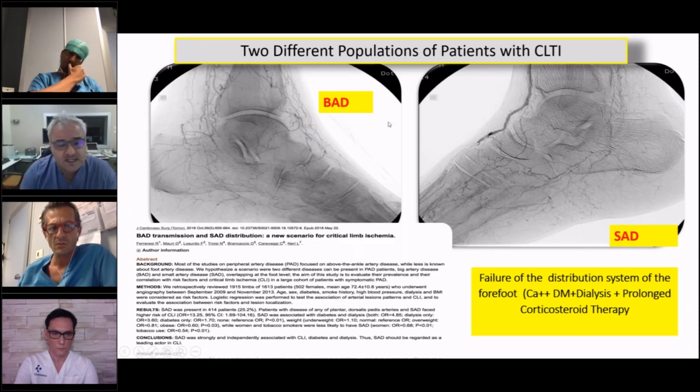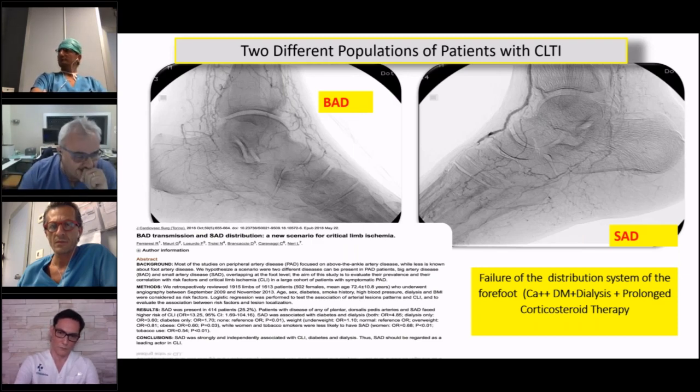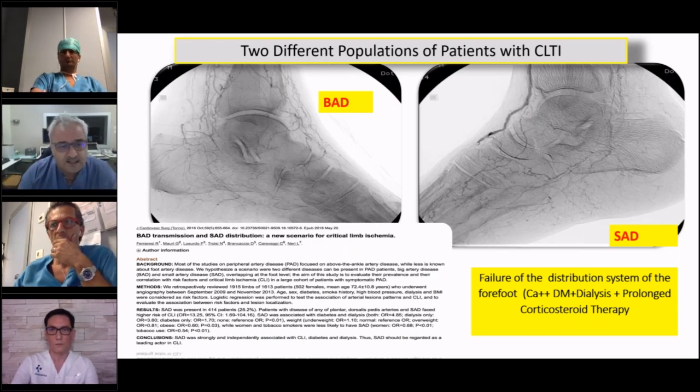So in 2018, Roberto Ferraresi, our friend, published this fantastic paper about the different populations. So we realized finally we have two kinds of big populations of patients, and one attempt to define these two populations is this paper.